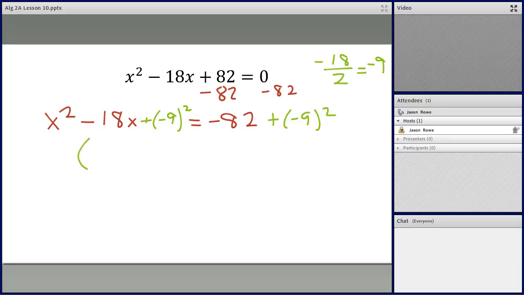Okay, write my perfect square. So this will be x minus 9 squared. Remember that 9 again comes from this number. And then negative 82 plus 9 squared, which is 81. So negative 82 plus 81 is negative 1. I'm going to square root each side.